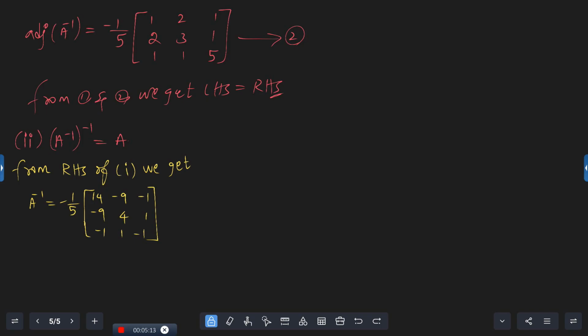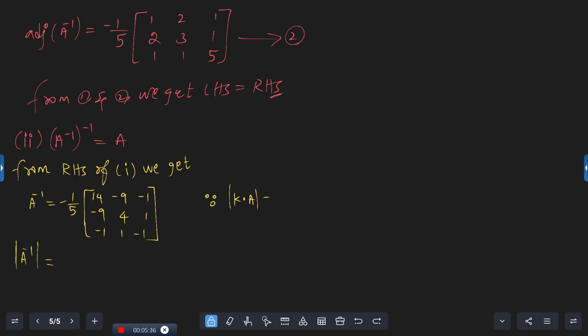For this A inverse, you want to find the determinant of A. Because I want to find one more inverse, first we have to find the determinant of A inverse. So when you find the determinant of A inverse, the formula is what? There is a scalar with a matrix.